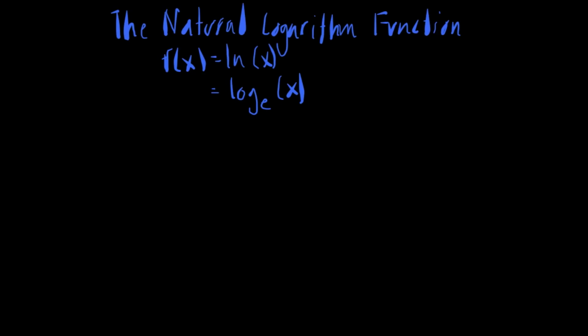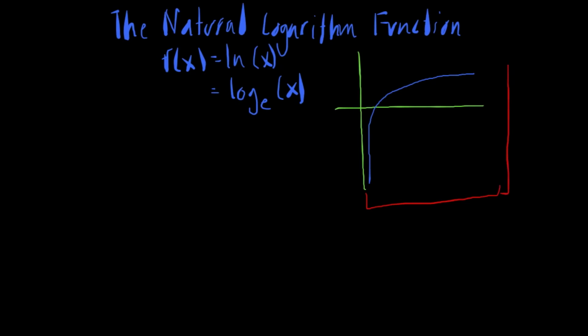The graph of this function would look like this. The domain is from 0 to infinity. The range is from negative infinity to infinity. There is no y-intercept. However, this graph crosses the x-axis at the point 1, 0.